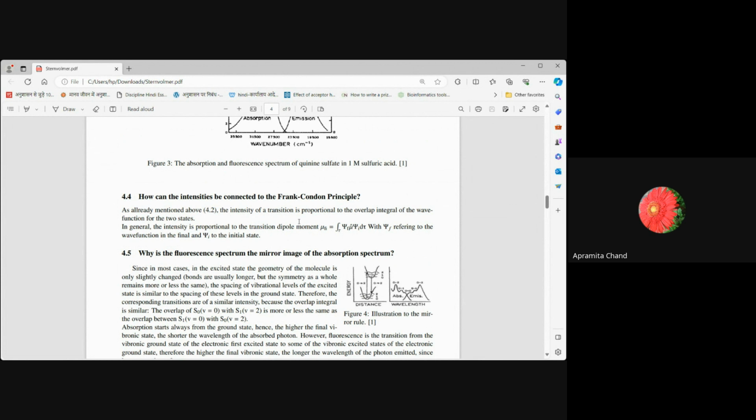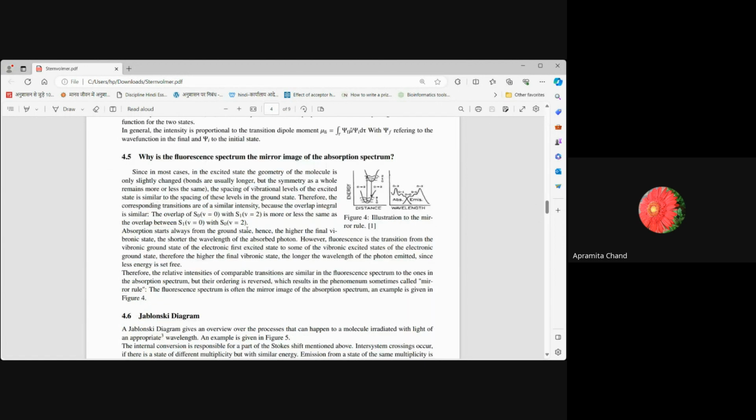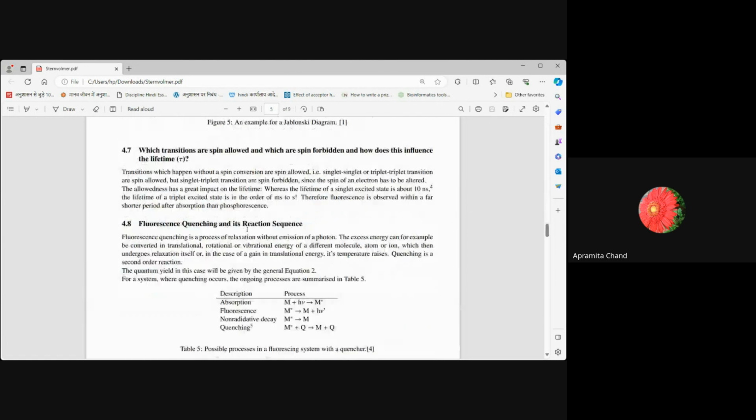So here also it is written that the intensity of a transition is proportional to the overlap integral of the wave function for the two states, and it depends on the transition dipole moment. We have covered the Jablonski diagram already.